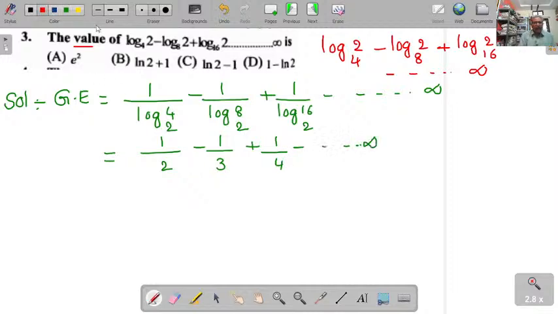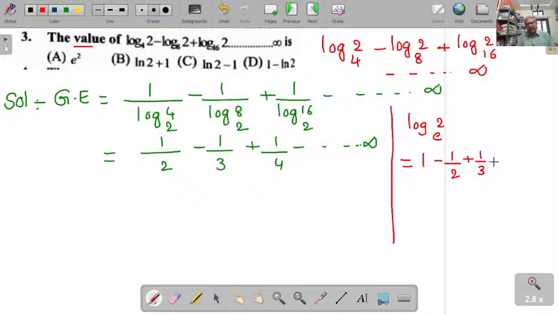So already we had a discussion. See, we know that log 2 value. What is log 2 base e equal to? We have 1 minus 1 by 2 plus 1 by 3 minus 1 by 4 plus, and so on to infinity. Am I correct now? So that means we are able to write in terms of log 2 value.